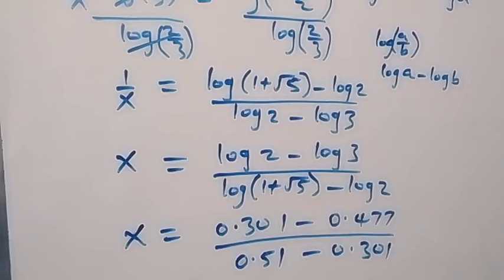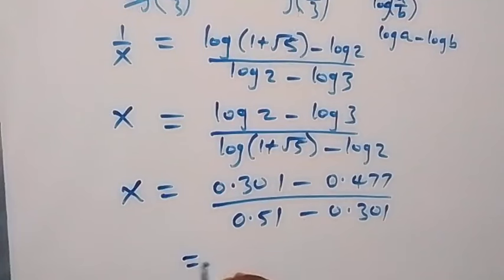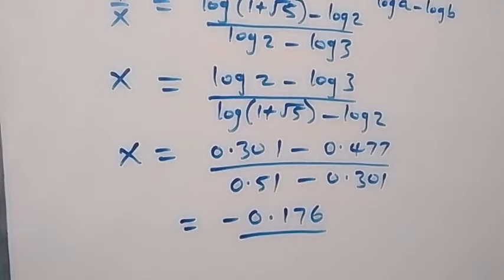Then when simplifying this, 0.301 minus 0.477 gives us minus 0.176. Also we have 0.51 minus 0.301, this gives us 0.209.